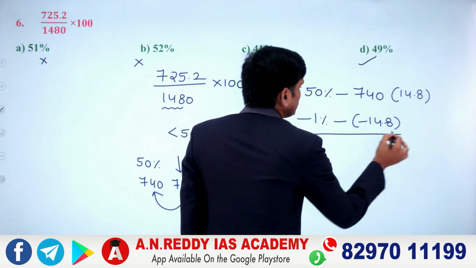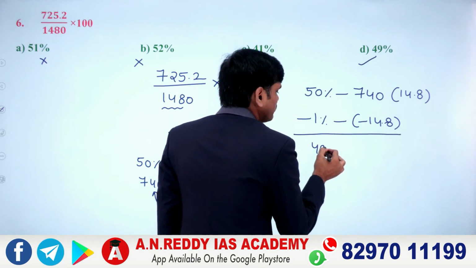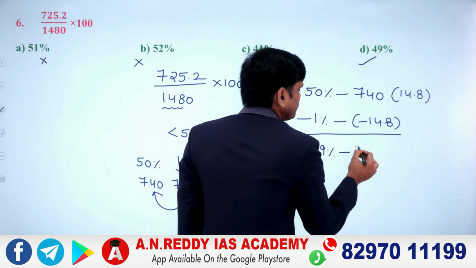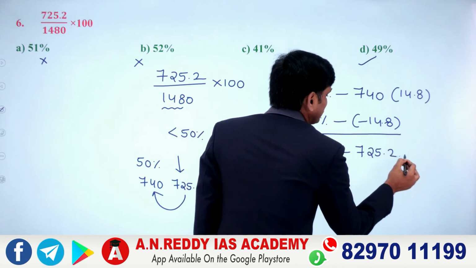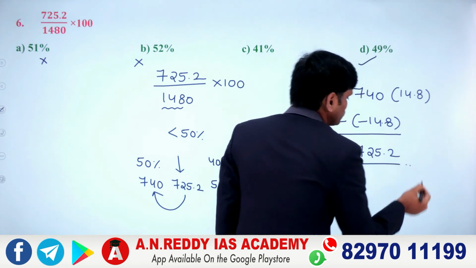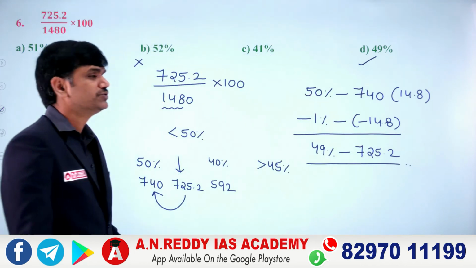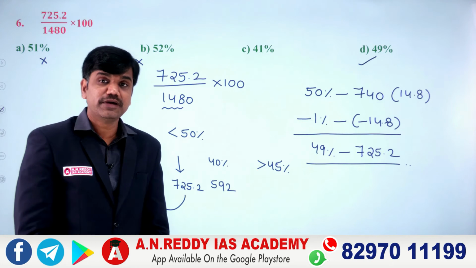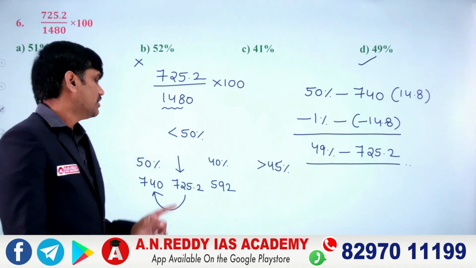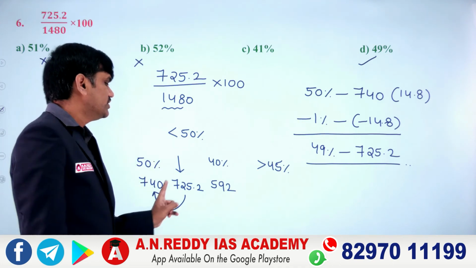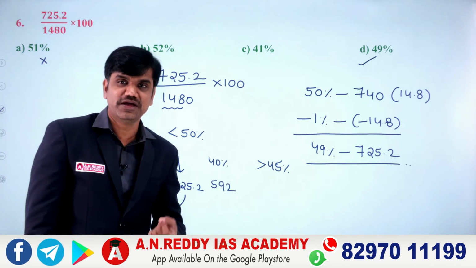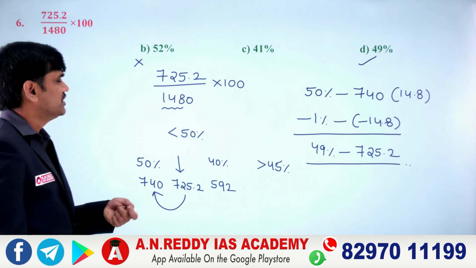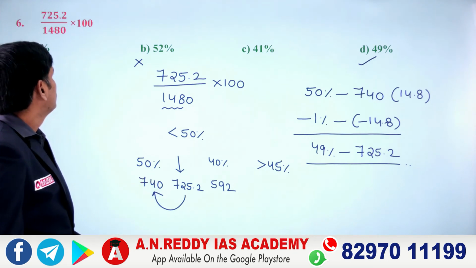That will give you the target, which is 49%. 49% will become how much, dear? 725.2. But my recommendation is always try to cut it down to a 10% range, then with the help of options we can manage it. So we'll be seeing more calculations now.